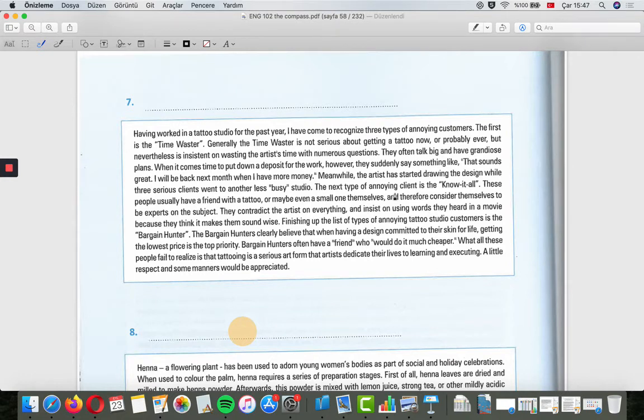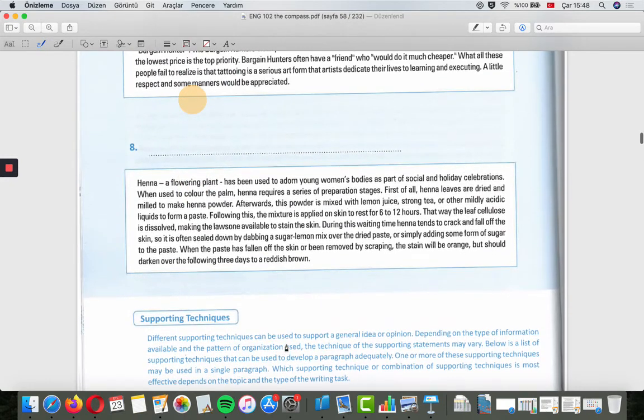This is a time-wasting tattoo studio customer. And then it says, sometimes there are other people who insist on using the words because they want the exact same thing. Okay, there are some bargain hunters, some people who want to get tattoos, but they want to have it for the cheapest price possible. So when I look at this paragraph, it actually talks about different types of tattoo getters, let's say, people who want to get tattoos. So this is a classification paragraph.